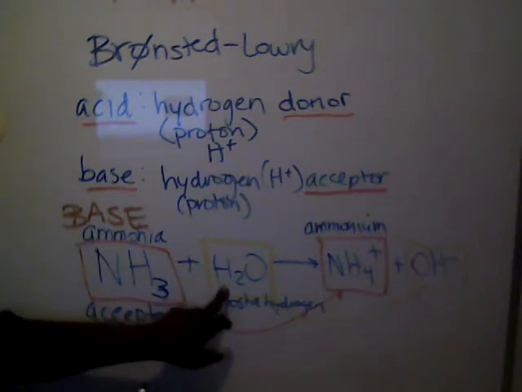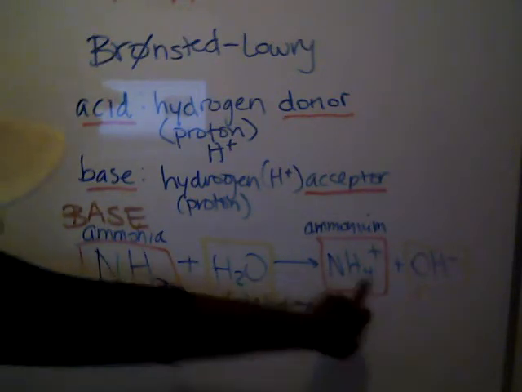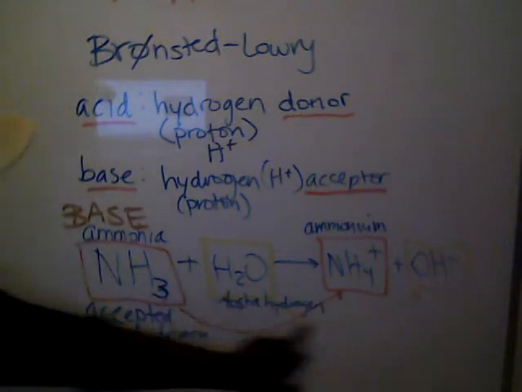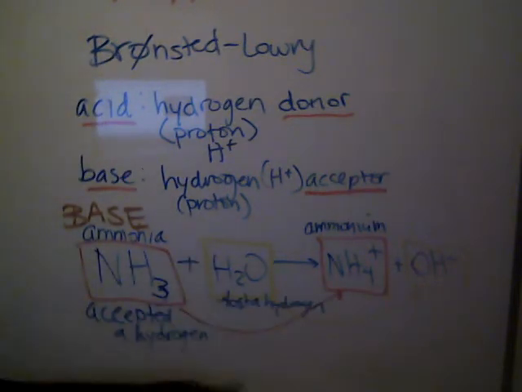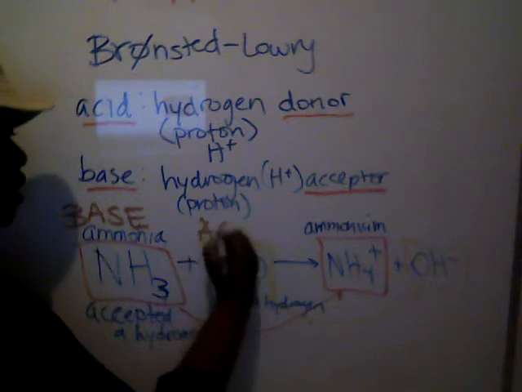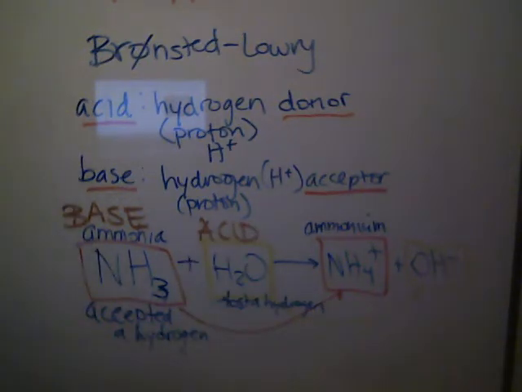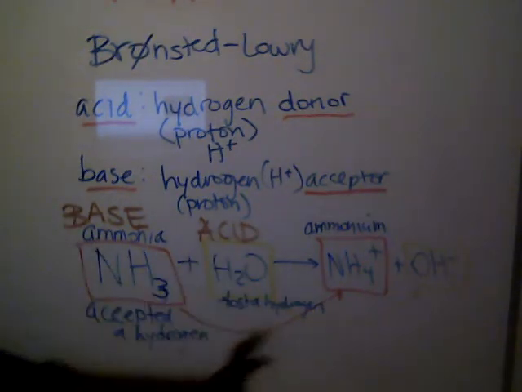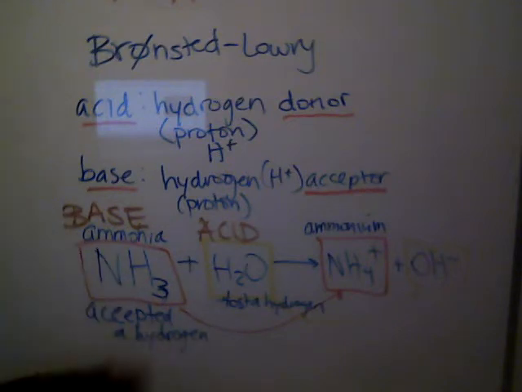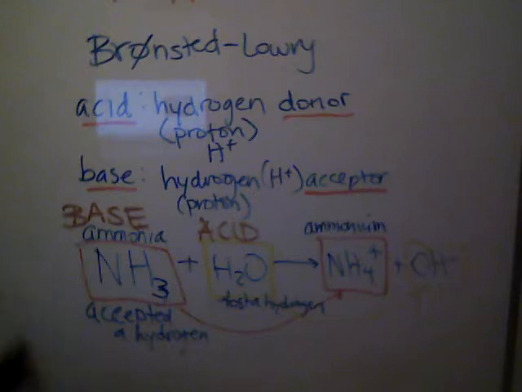If we look at water, water went from having 2 hydrogens and 1 oxygen to 1 of each. It lost a hydrogen or donated it. This would be considered the acid. Okay? So acids donate or give up hydrogens, bases accept hydrogen. So let's look at another example to see if we can figure out who's the acid and who's the base.